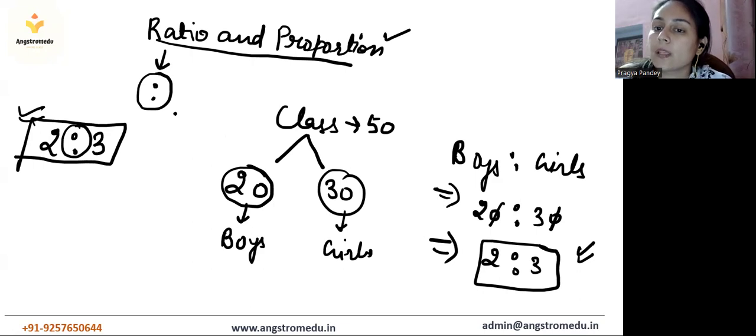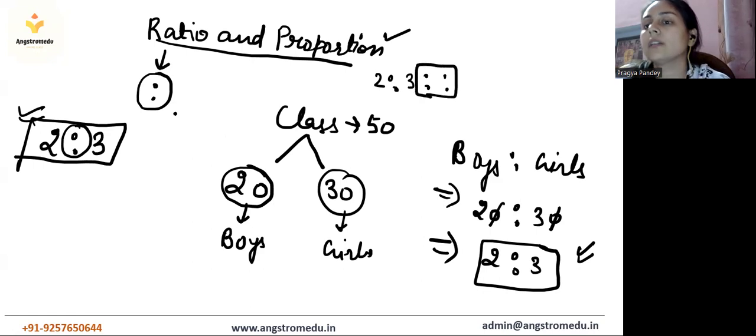Let's say this is the thing: 2 is to 3, ratio. These four dots represent proportion, and is to, let's say, 5 is to 2, whatever it is. So this is what proportion is. This is the symbol for proportion.